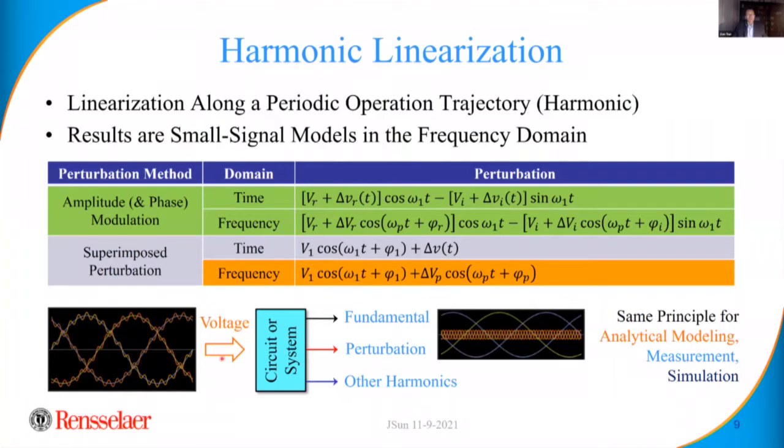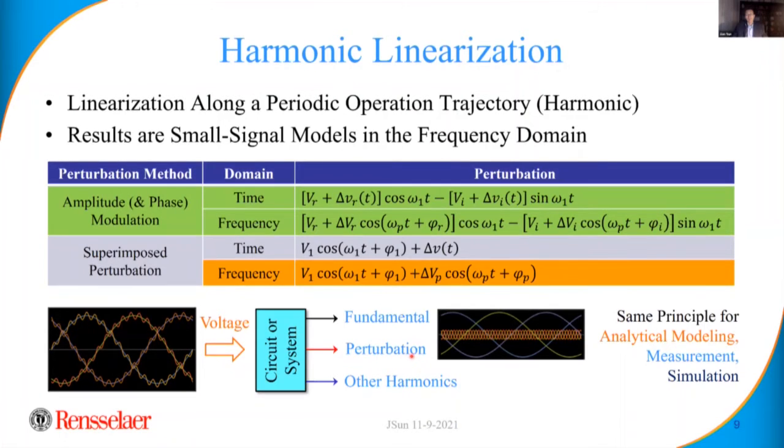You apply that voltage to the circuit or system you are trying to model, and the converter will respond to this voltage with current at different frequencies, including the fundamental, including the response at the perturbation frequency, and then because of nonlinearity, other harmonics would also be present. Now for small signal analysis, what we are interested in is mostly the response at the same perturbation frequency.